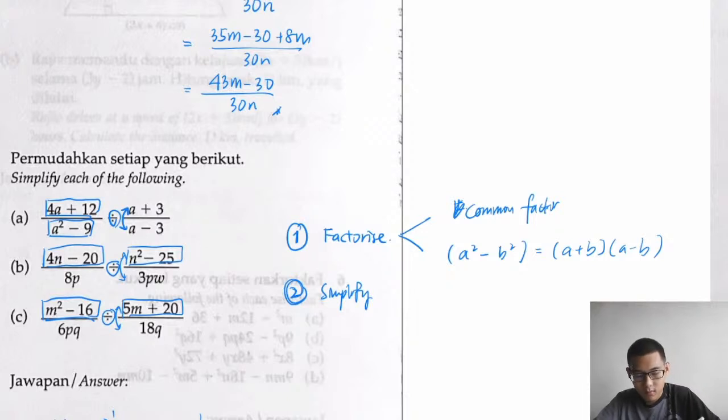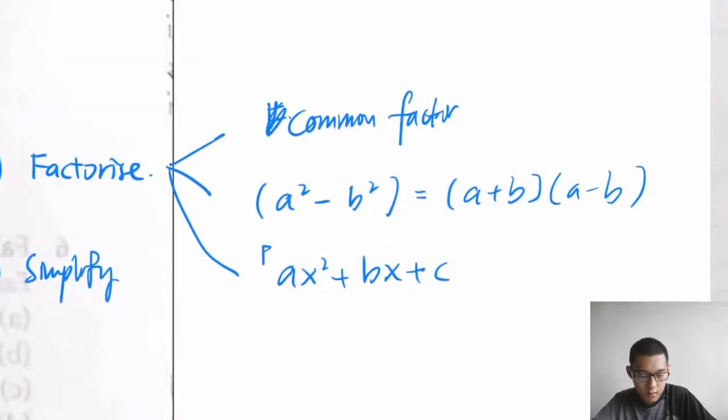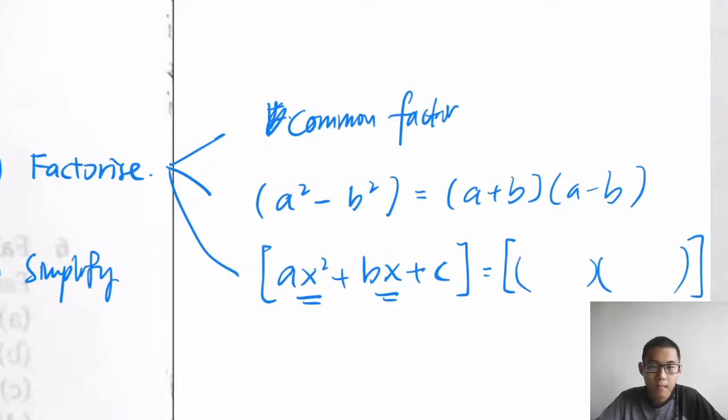Another one is ax squared plus bx plus c. This one sometimes has difficulties. We have x squared, and we need to find the two different brackets as the answer.